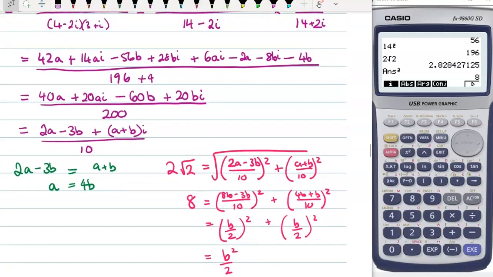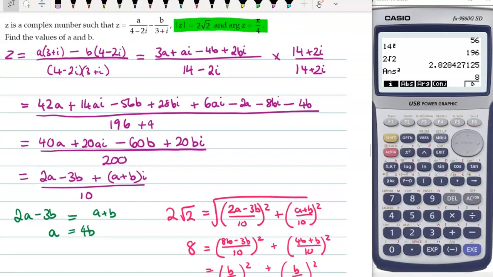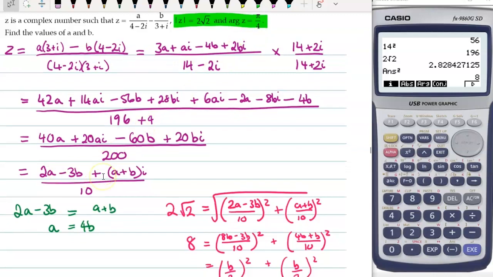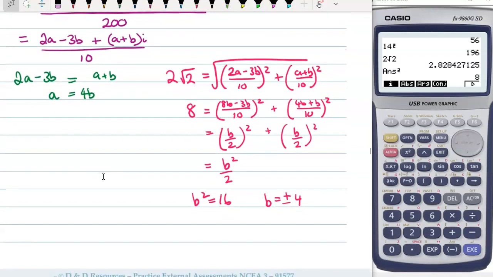Now, thinking about the context of this question, where we're told that we are in the positive quadrant because the argument is pi by 4, to keep that true, our b would be the positive version of that square root. So b is equal to 4. That would make a equal to 4 times 4. So a is 16.